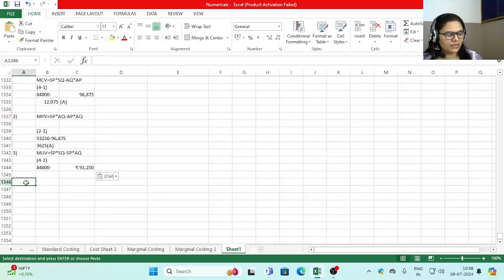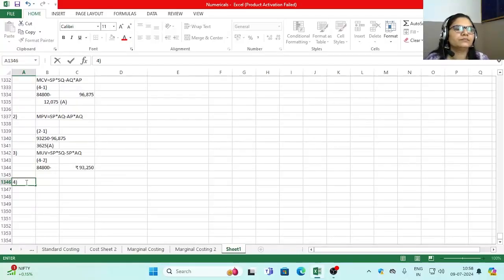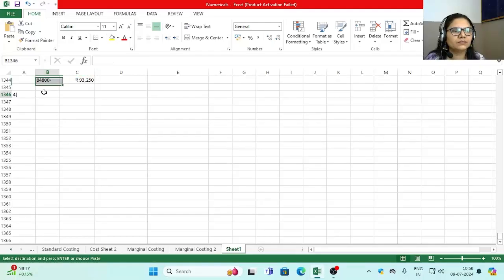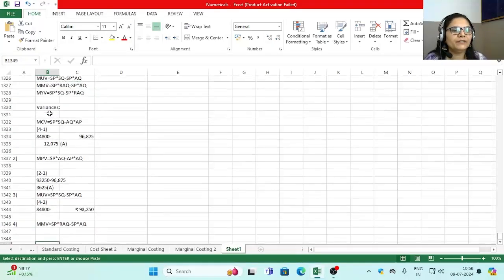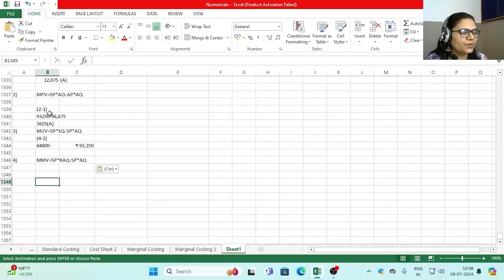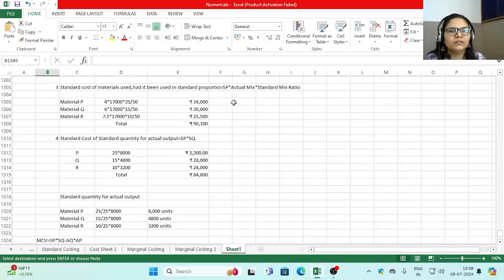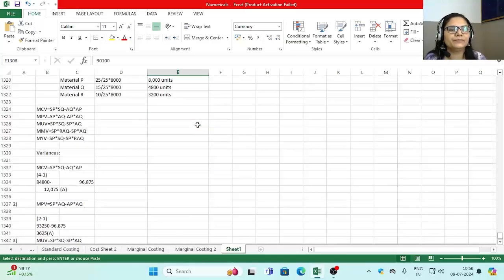Now, fourth is material mix variance, that is MMV, which has SP into RAQ, and we will copy over here. SP into RAQ, we have calculated at 3 number. Value is 90,100.